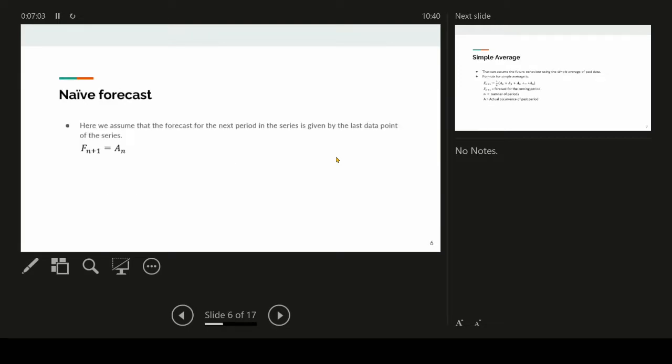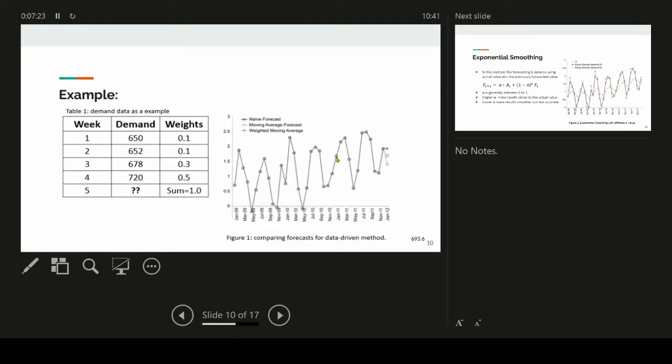Now we are discussing the different types of forecast. The naive forecast is the simplest one. We have to predict the future value, F n plus one, like forecasting the next value to be the same as the actual value of the prior period. Let me show one example here. See the demand; I have to forecast week 5.